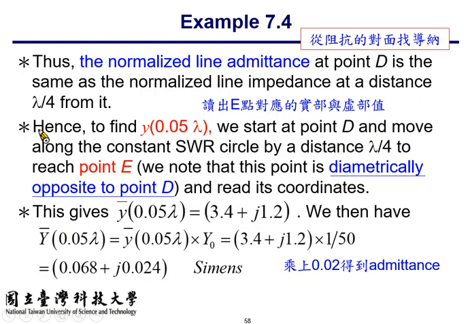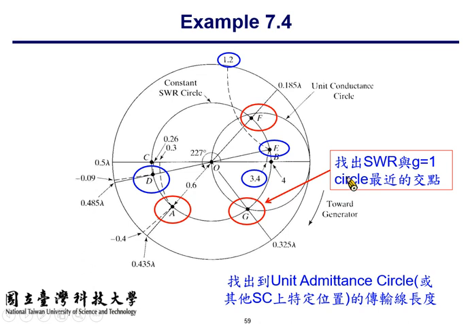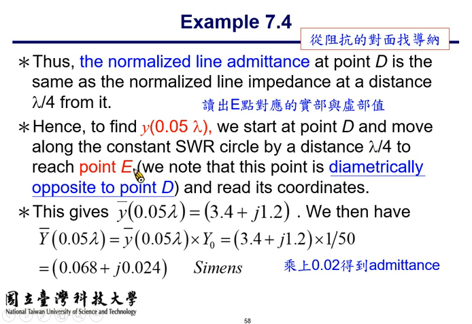I already mentioned that a couple of times. Once you move to the opposite of position D, which can be referred to as point E, we can read out the impedance of point E. Sorry, I wrote it wrong, it is not F, it is E. That will be 3.4 plus j1.2. Do you know how to do that?